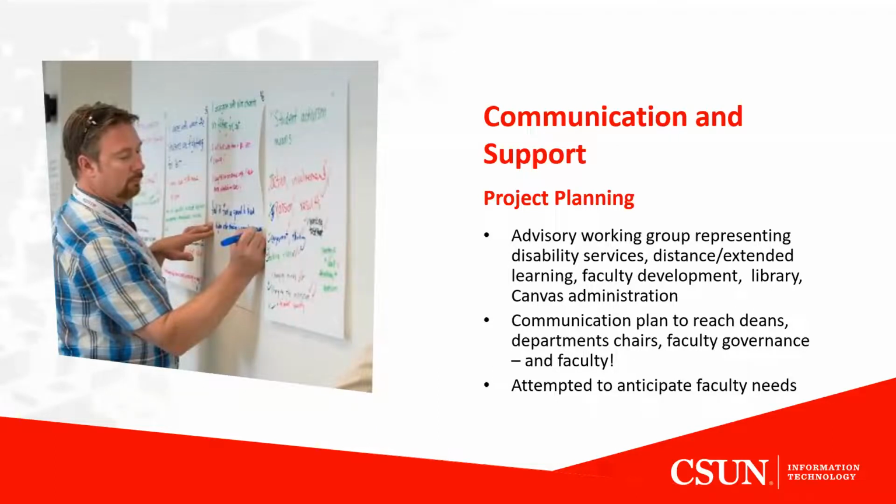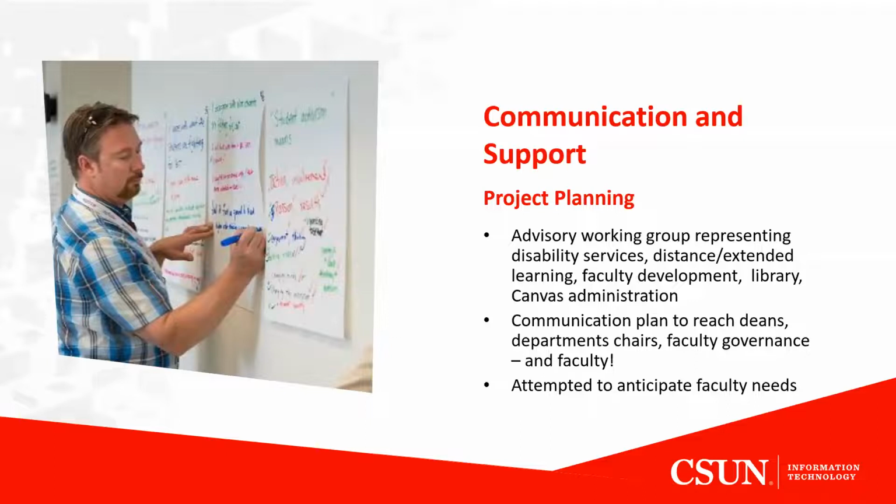One of the reasons that we took it a little bit slowly is because for us, a priority was communication and consensus. We honestly weren't sure how the faculty would react to Ally. So we took a lot of time. We had that pilot group. We took a lot of time to gather information and also to reach out to the faculty community.